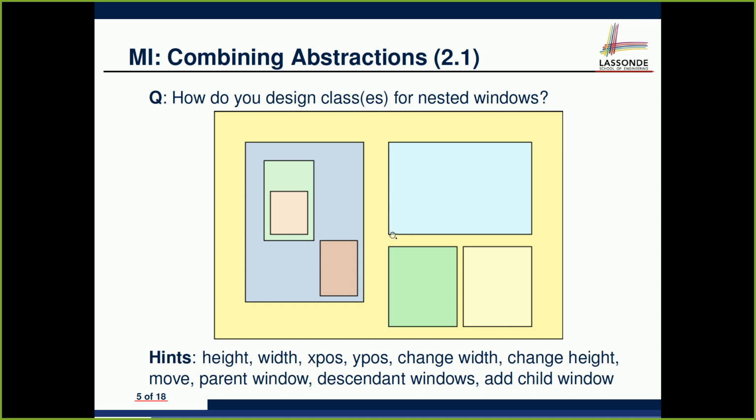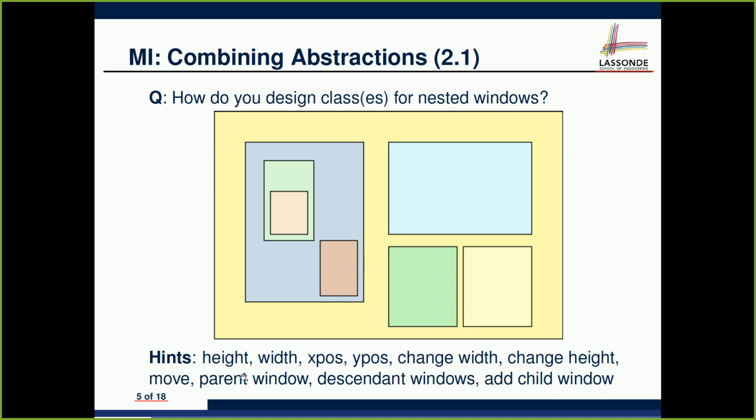For example, you can see the starting point for this window here is x maybe 2 and y 3, just whatever position it is. Also, you may want to change the width, you may want to change the height, and also you may want to move the window as well. You may want to decide to move this blue window here outside the yellow window.